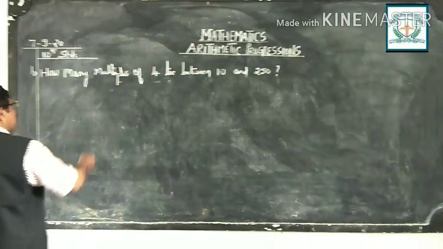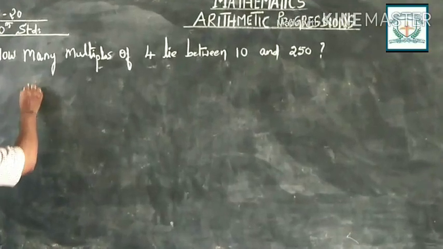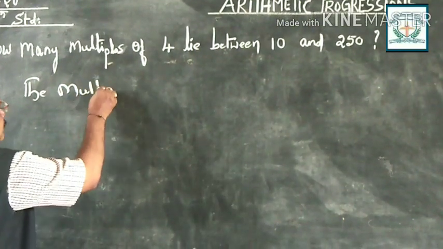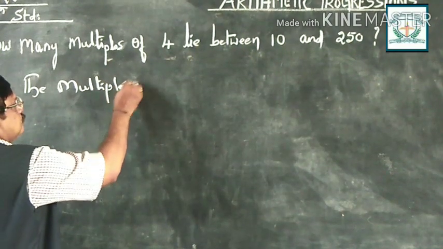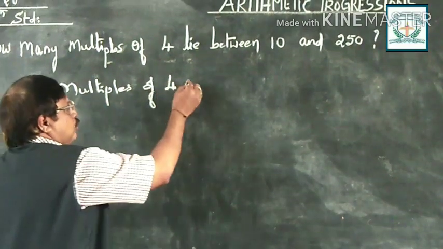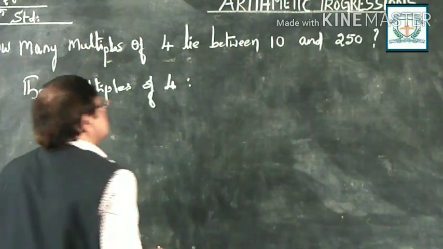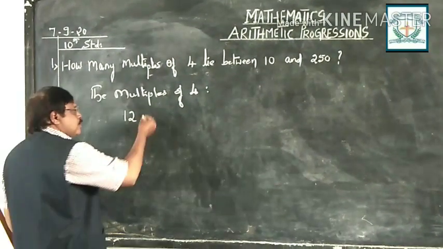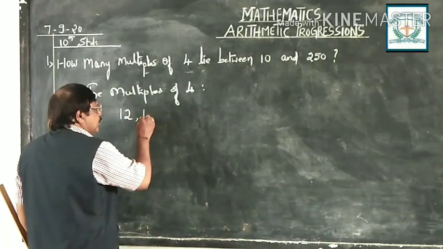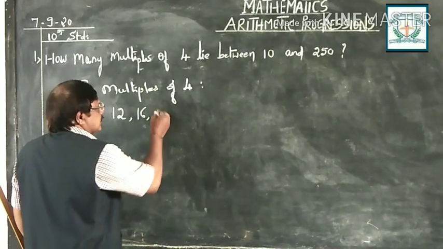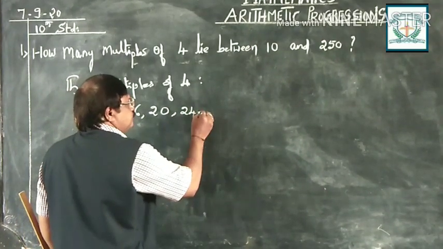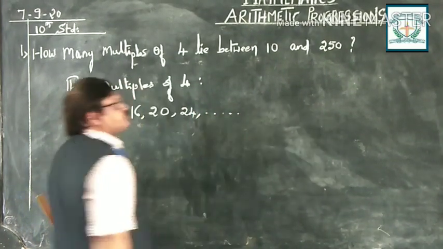So I can write the multiples of 4: 12, 16, 20, 24 and so on.